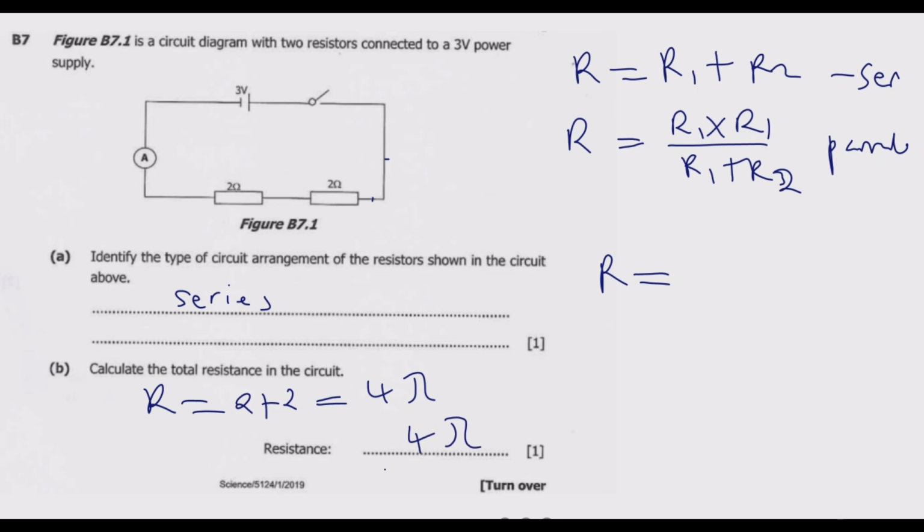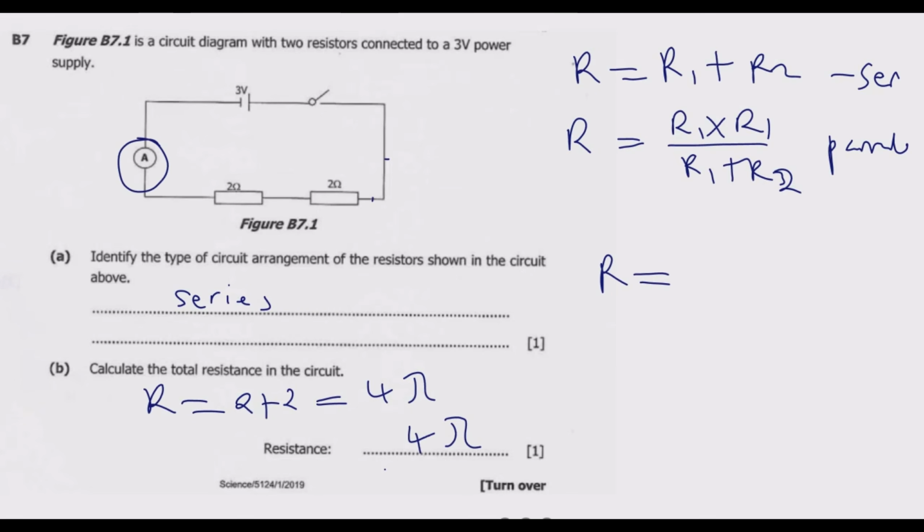Let us go to the next question, which is C. Calculate the ammeter reading when the switch is closed. The ammeter reading will read the current flowing in this circuit. You know that voltage is equal to current multiplied by resistance. Since we know the total resistance, to find the current we divide by resistance on both sides.